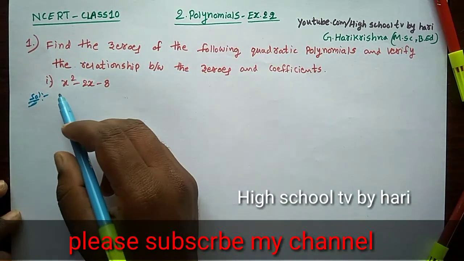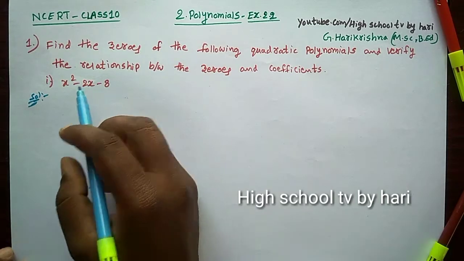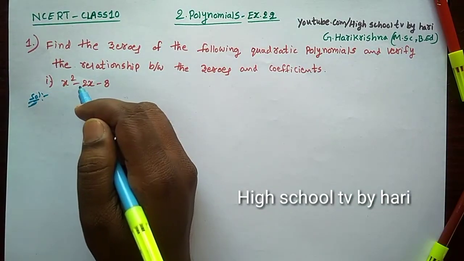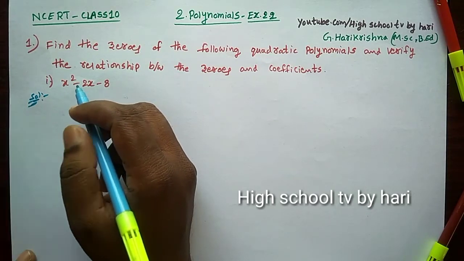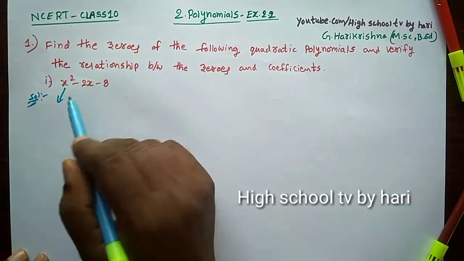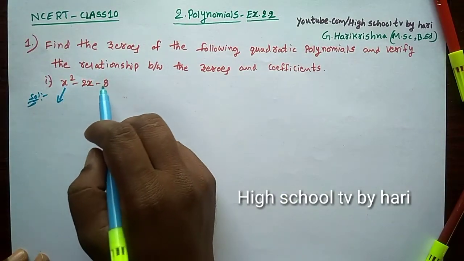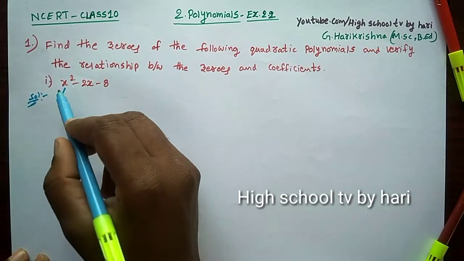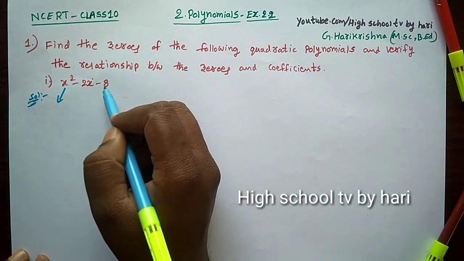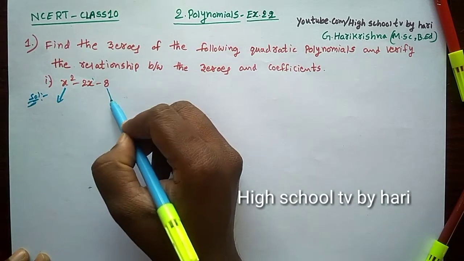It is the first question, x square minus 2x minus 8. How can you find the zeros? By the splitting the middle term method, we can find the zeros of this quadratic polynomial. It is in the form of x square plus bx plus c, with an x square term, an x to the power of 1 term, and a constant term. First term x square, last term minus 8.